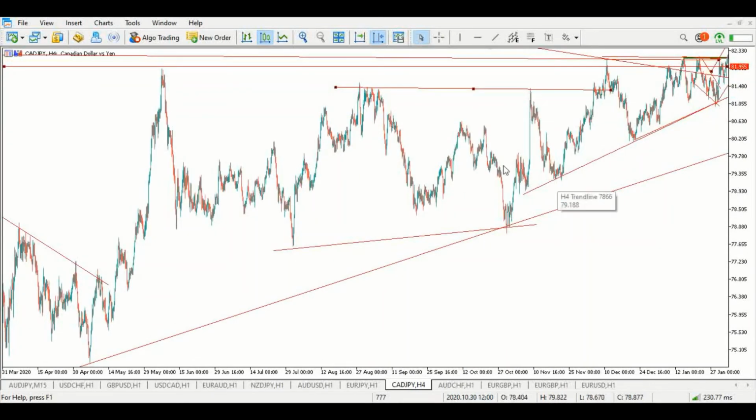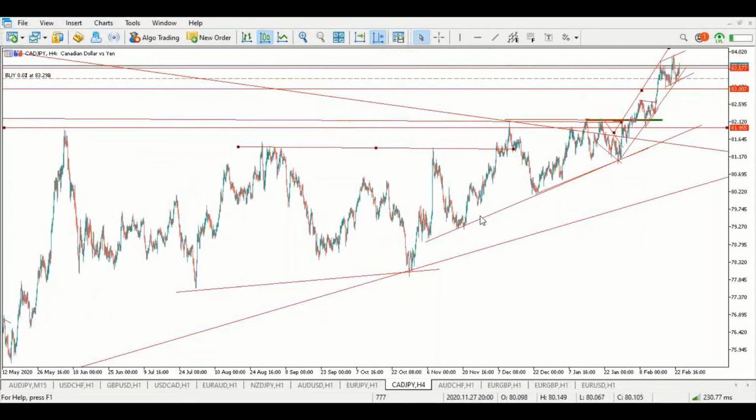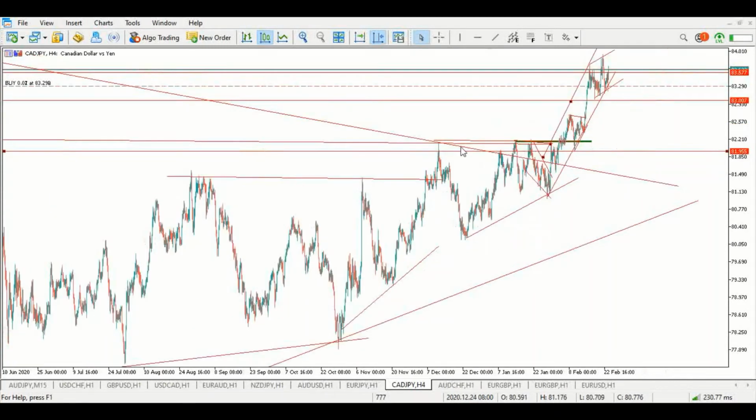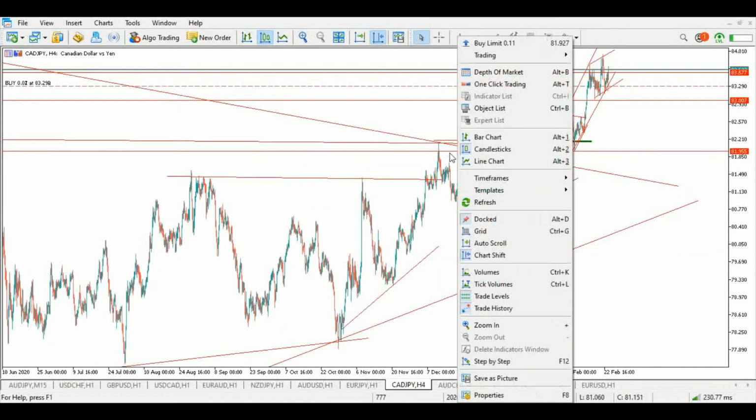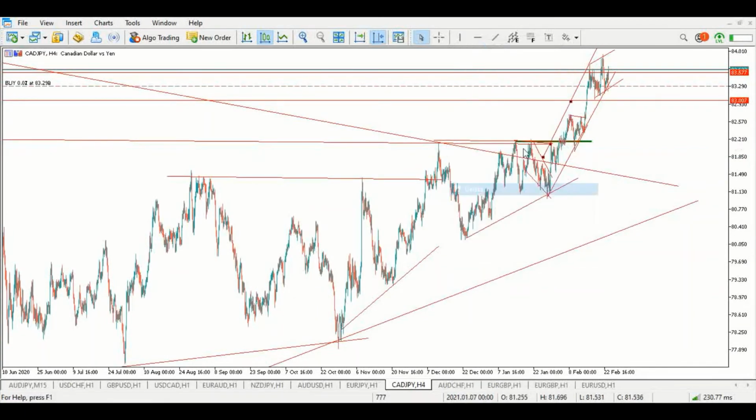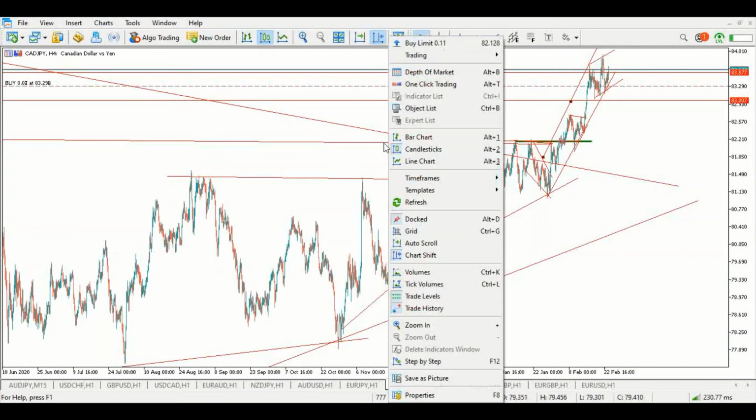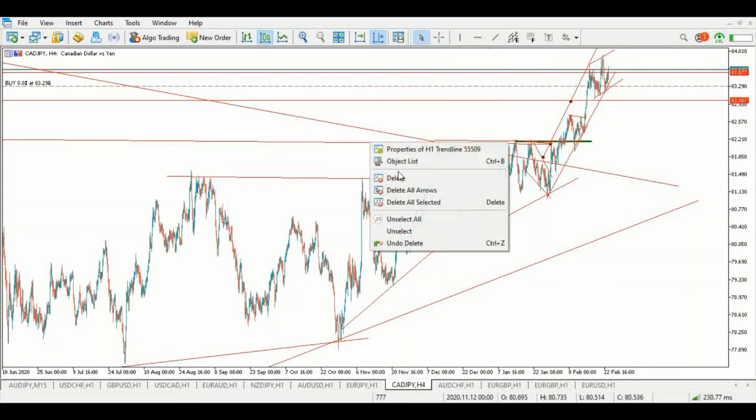And with that being the case, we had some kind of compression pattern form. Can you guys see that? And then again up here we have that same sort of price action.